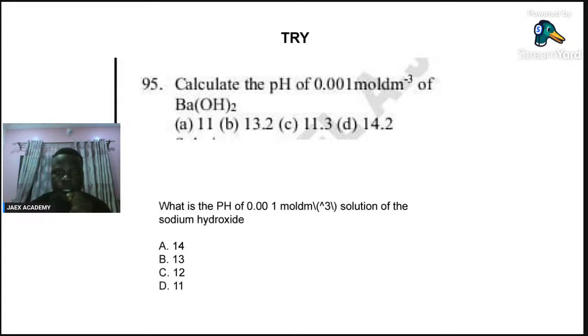Please guys, we are almost coming to the end of this slide. Somebody said 95 is A. Bliss says 95 is A. 96 is D. We all agreed.